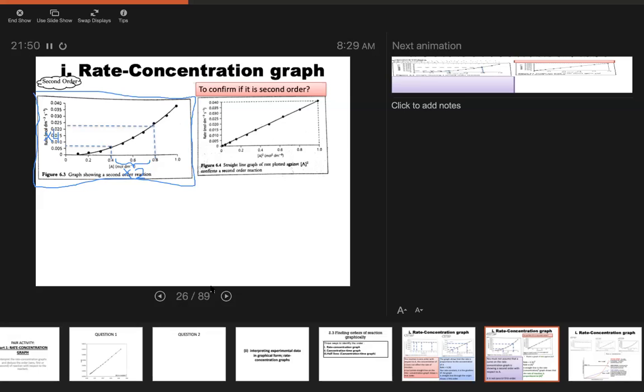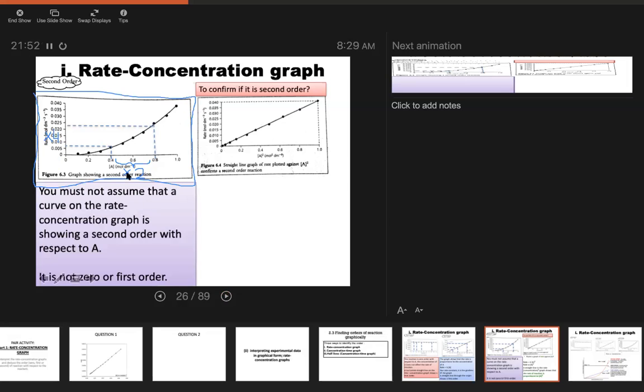Whilst it's easy to think that every curve that you see is of second order, you must not assume that a curve on the rate concentration graph is showing a second order, because it can be a third order, fourth order, and so on. But for your case, your syllabus only covers up to second order. So every time you see a curve, it is most likely to be a second order.